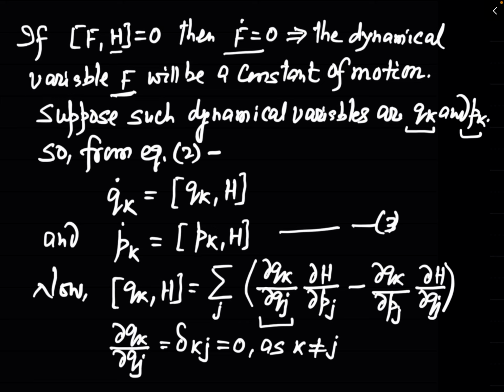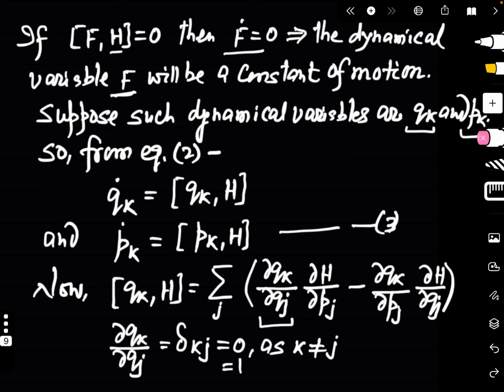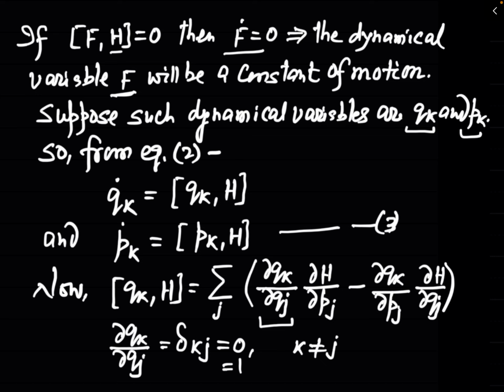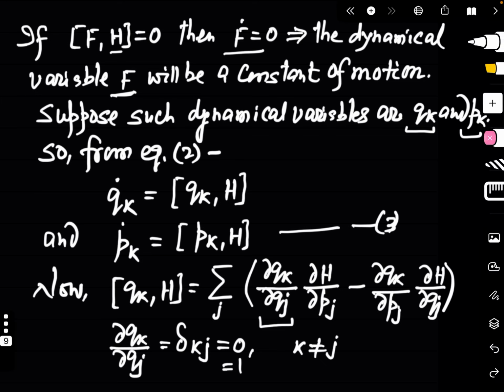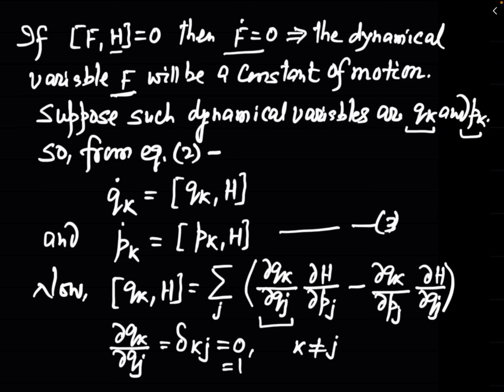Sorry. And this will be equal to 1. Here don't write as. And this is equal to 1 when K is equal to J. And at the same time you can see what will be this del QK by del PJ.